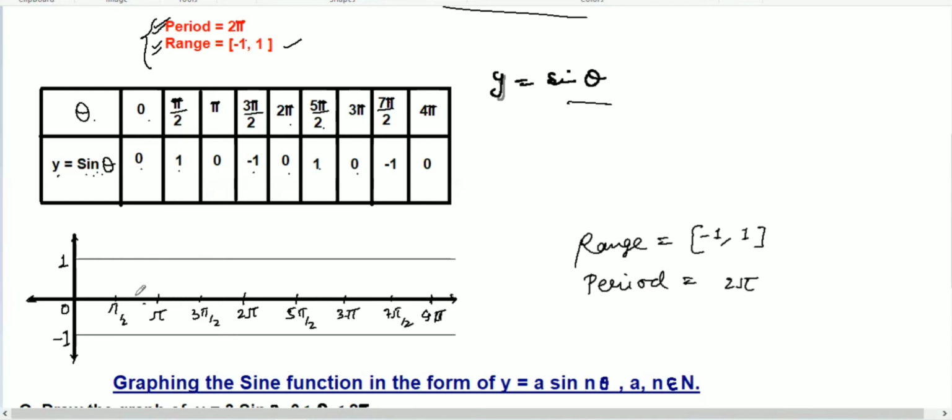Now, this line x-axis, this is theta, and this y is the output.